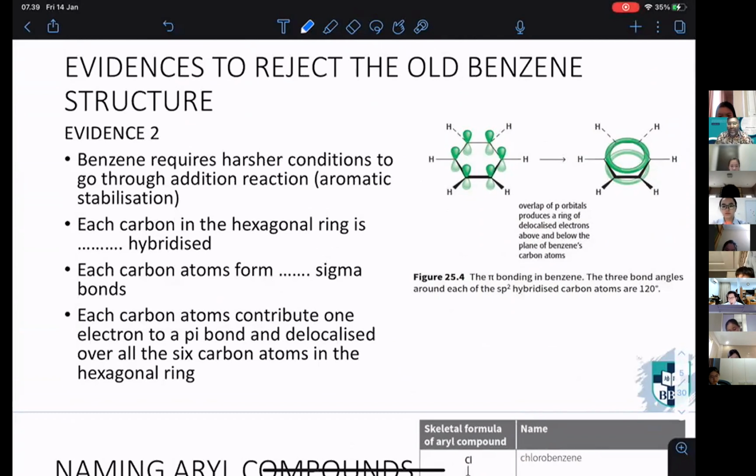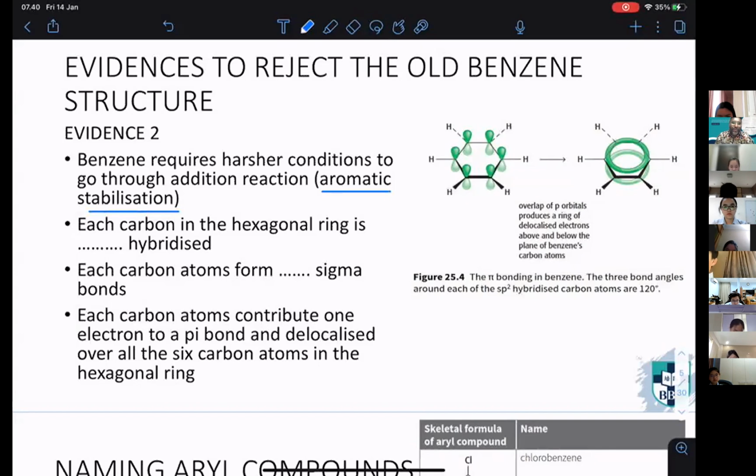It requires harsher conditions if you want to go through addition reaction. The reason is that the benzene ring stabilizes the structure. The benzene ring wants the electrons to just move within the ring. They don't want to let go of the electrons easily. This is the first time I'm using this term, so please take note. This is known as aromatic stabilization, the stabilization used by the benzene ring itself.